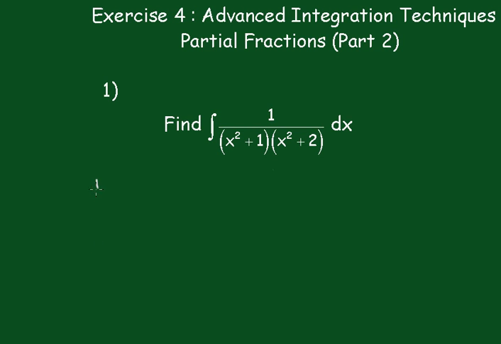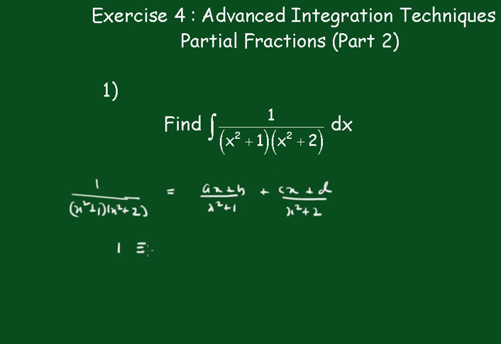Now we have that 1 over (x squared plus 1)(x squared plus 2) will be equal to (ax plus b) over (x squared plus 1) plus (cx plus d) over (x squared plus 2). So 1 is identically equal to (ax plus b)(x squared plus 2) plus (cx plus d)(x squared plus 1).